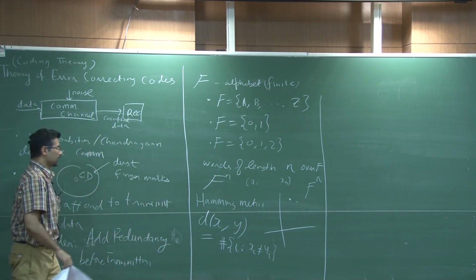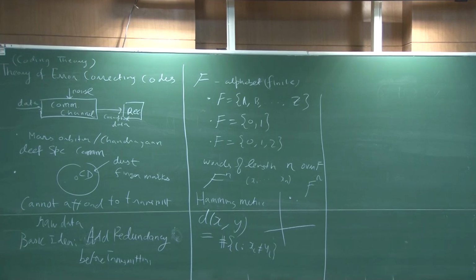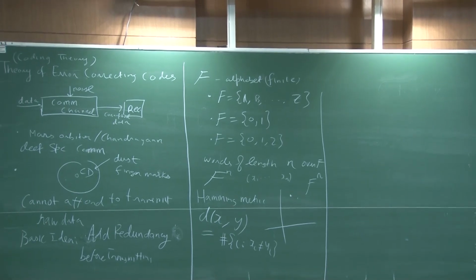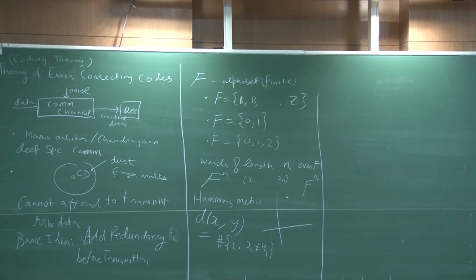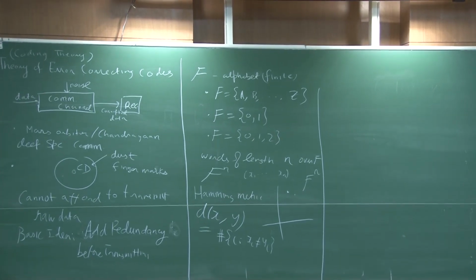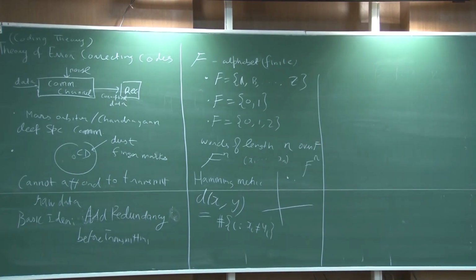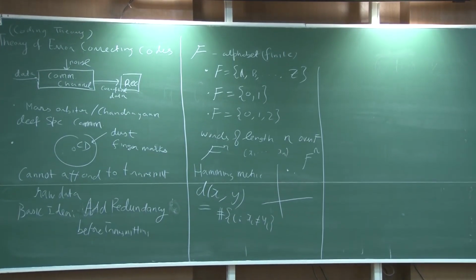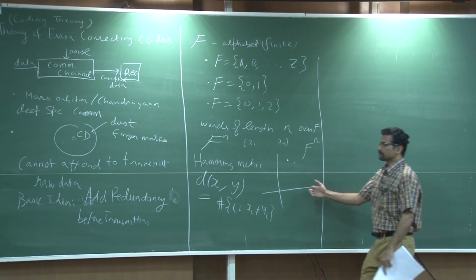Can everybody read that? The back. So you take two words and just compare in the n coordinates. In how many of these n coordinates do x and y differ? So in set notation, it is the number of i's between 1 and n such that xi is not equal to yi. That is the distance between x and y. That's clear.